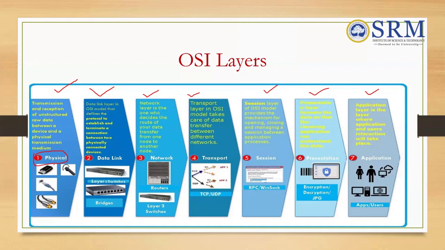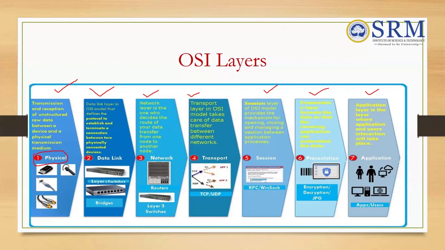What are the physical devices we use in day-to-day life? In computer networks, we use different types of devices: PC, laptop, mobile phone, tab, printer, scanner.